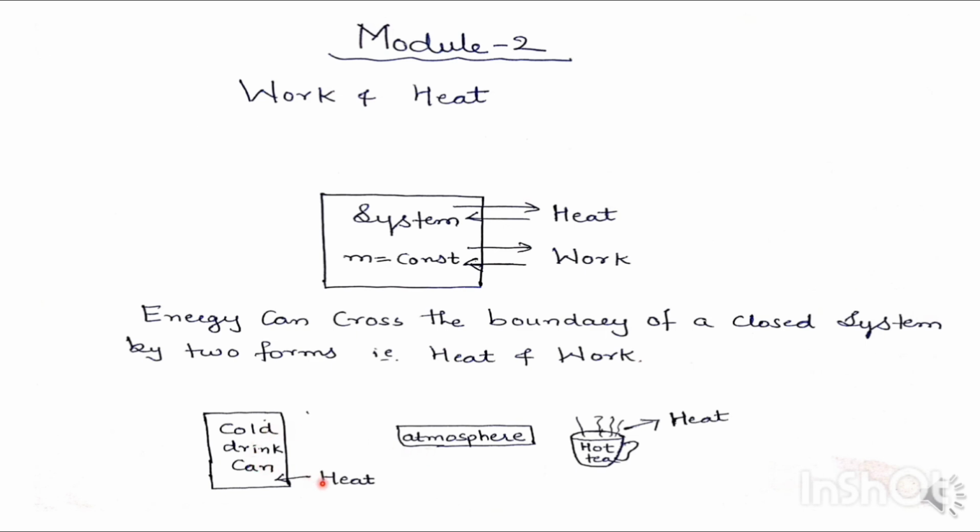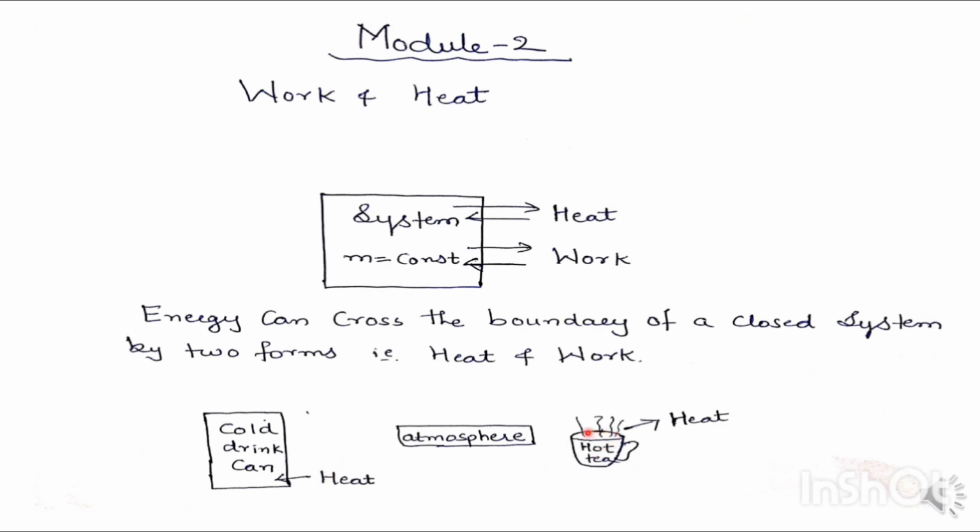For that purpose, it eventually warms up. Means after some time, it gets warm. The heat will be continuously transferring until the thermal equilibrium is established. That means when this temperature and the atmosphere temperature are the same, heat transfer stops here.